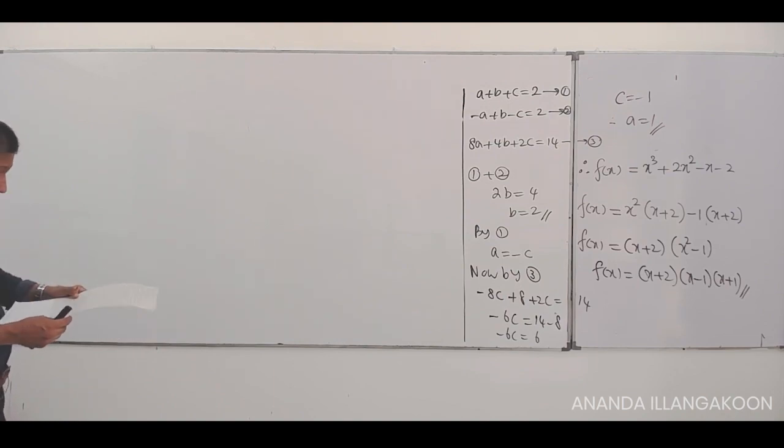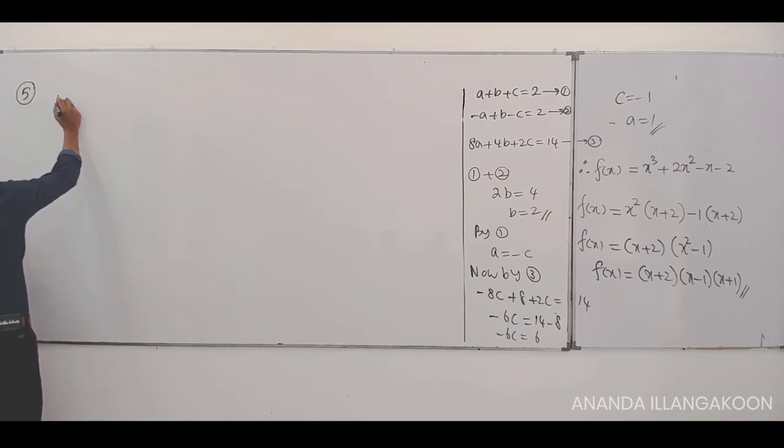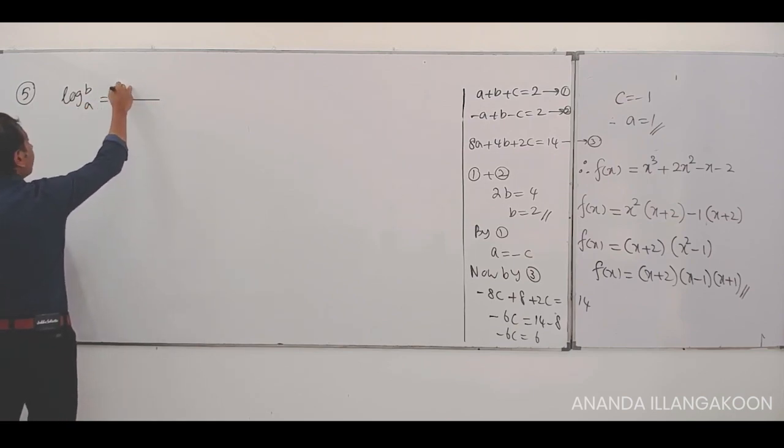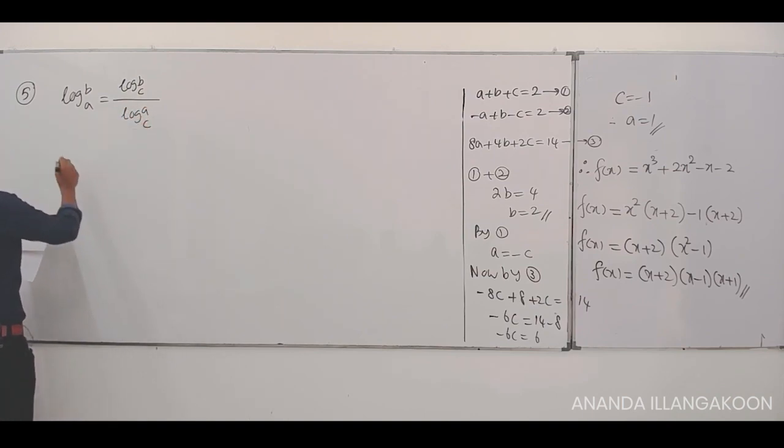The proof we have done in the class. Log b to the base a is equal to log b to the base c over log a to the base c. Right. The proof we can do like this.